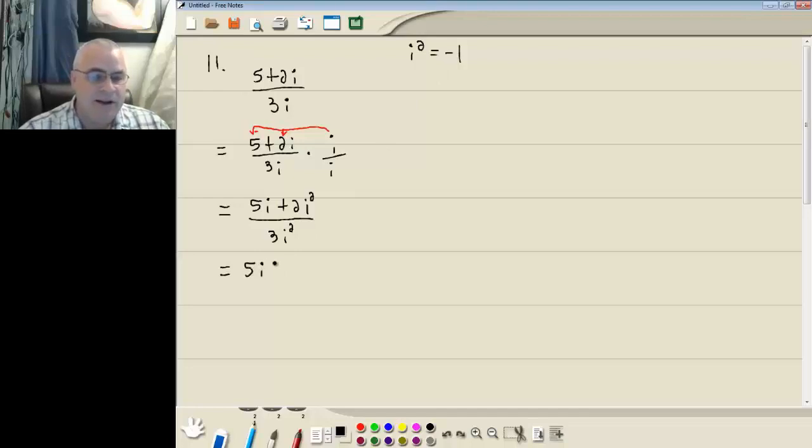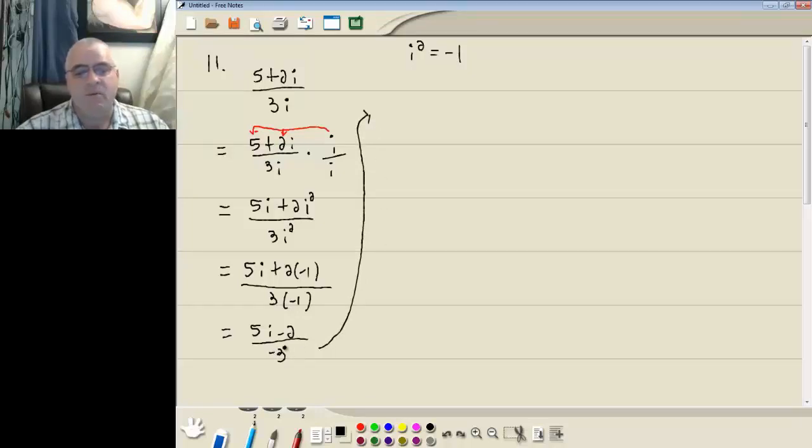So we're going to have 5i plus 2 times negative 1 over 3 times negative 1. And all of a sudden you notice something. The main problem I indicated was that we had an i down in the denominator, downstairs. Well, it's gone now, isn't it? Let's continue. We've got 5i, 2 times negative 1 is negative 2, and 3 times negative 1 is negative 3.